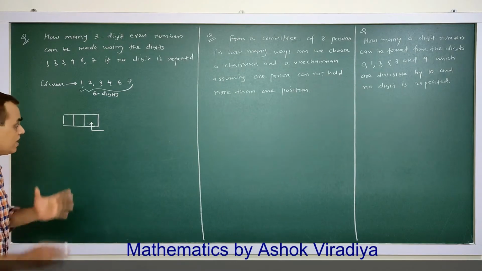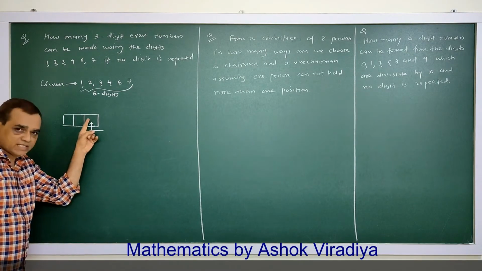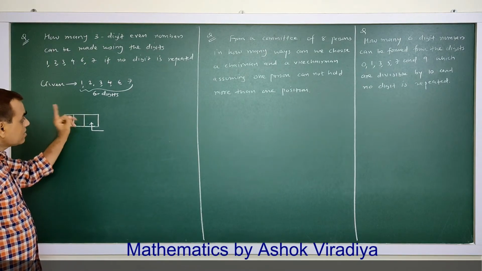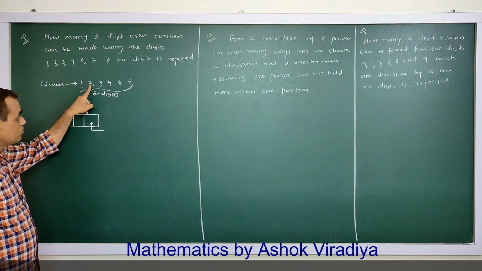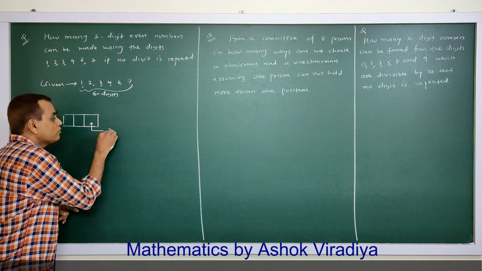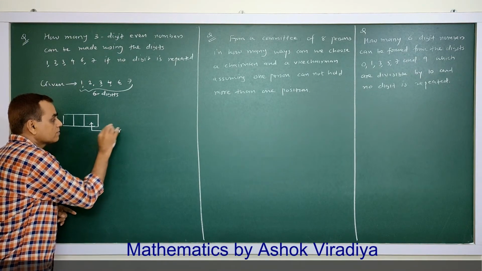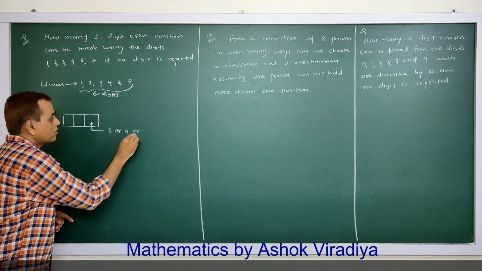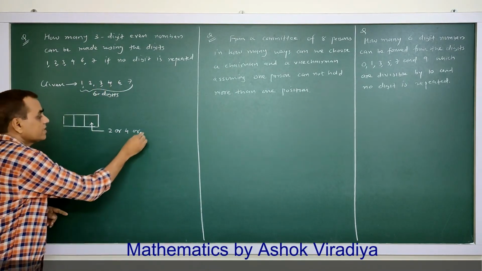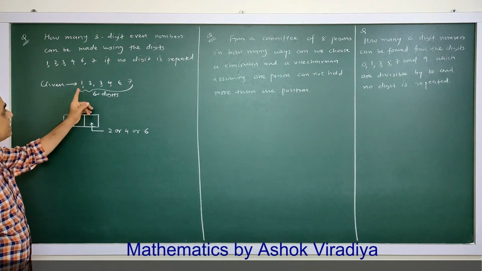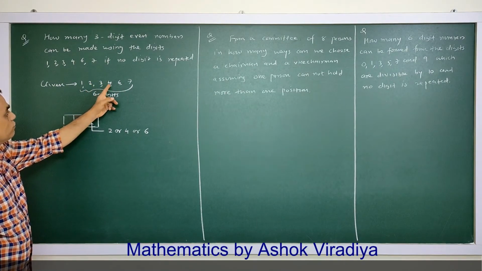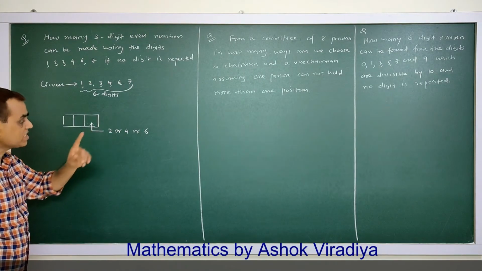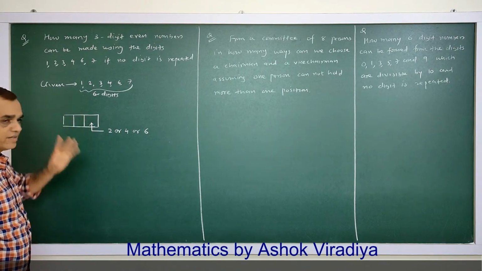So to have an even number, which digits are allowed in this place? Here we can put 2, or we can put 4, or we can put 6. In these 6 digits, 2, 4, 6 are even, so any one from these 3 can be taken here.